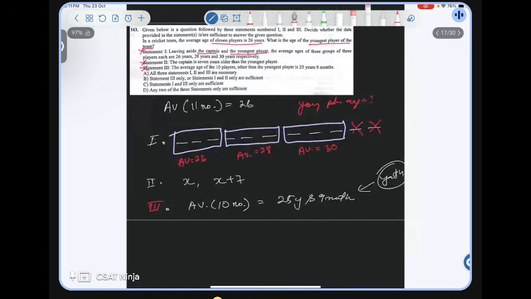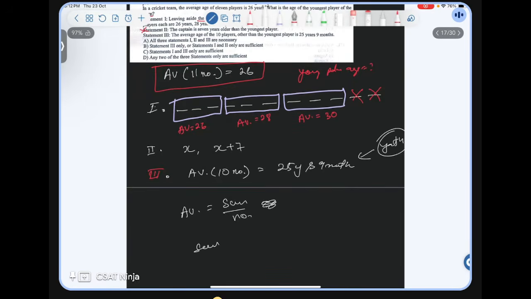I'll do it like this. What is given in the question? Oh no, statement number 3 alone is sufficient. Yeah, this is the statement here. The average of 11 is how much? The average formula is sum divided by the number of people. So if I want to find the sum of the ages, it is nothing but average into the number of people.